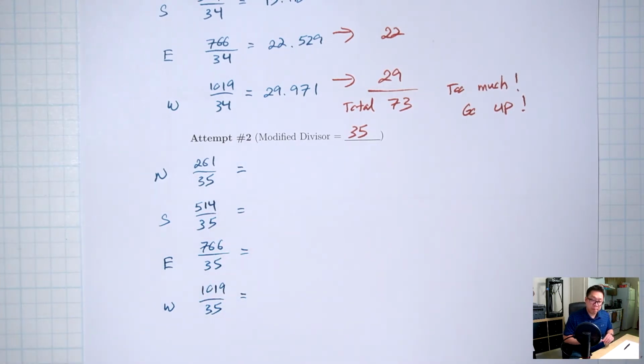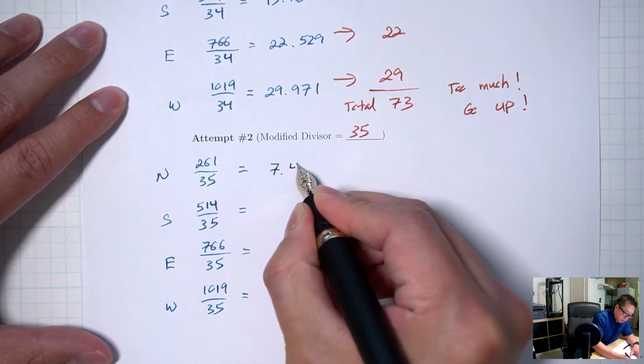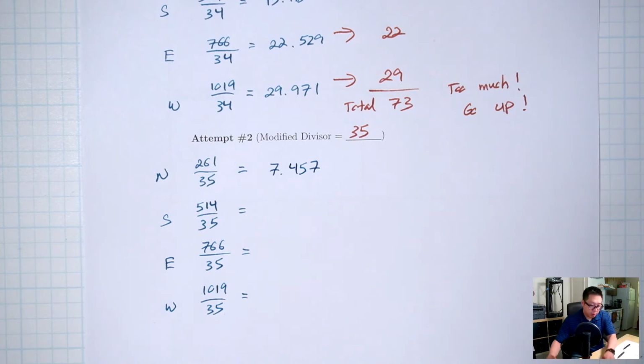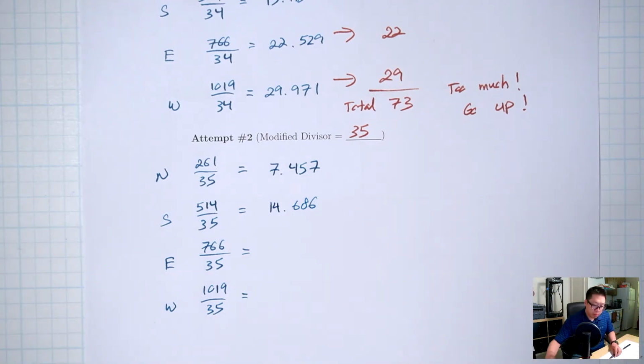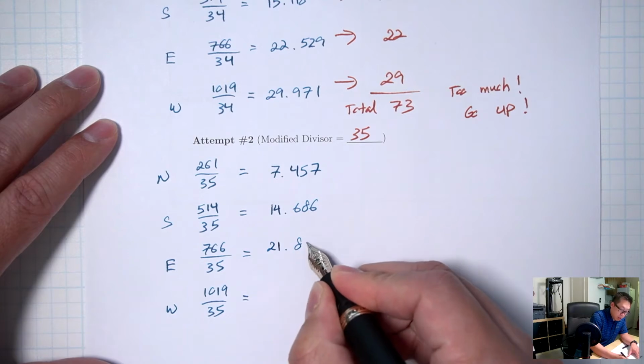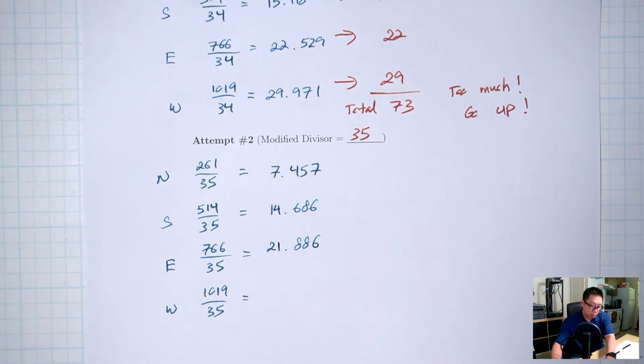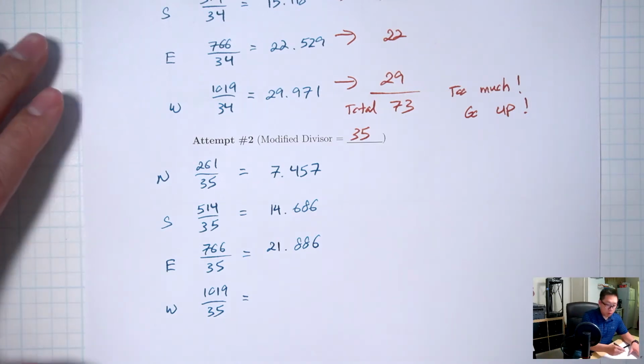Okay, use the calculator. $7.457. $14.686. $21.886. 1019 over 35 is 29.114.